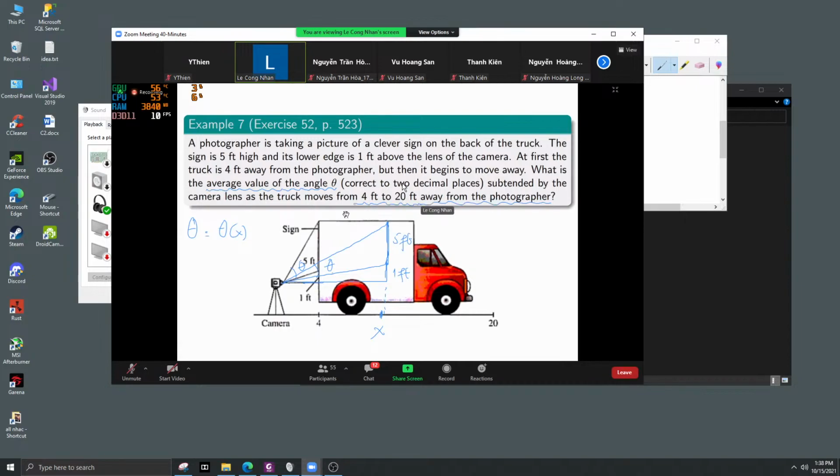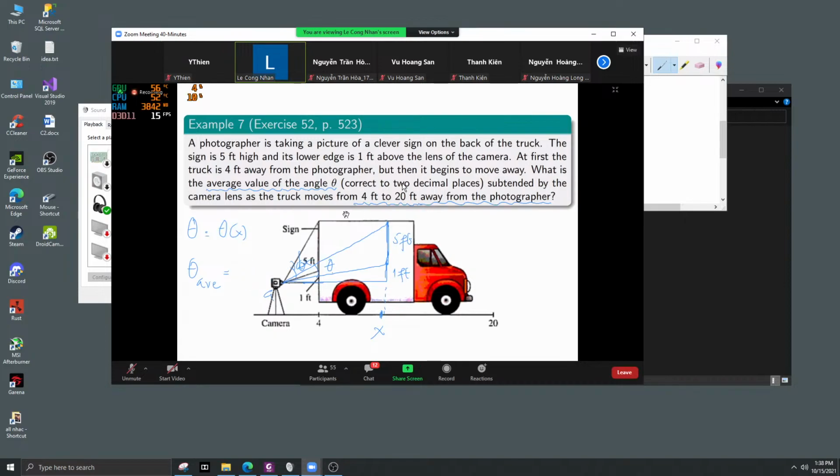We studied the average value in chapter 5, section 5.7. It is given by the average value of theta equal 1 over b minus a, the integral from a to b of theta of x dx. Okay, so this is the formula for the average value of a continuous function that we studied in Calculus 1.